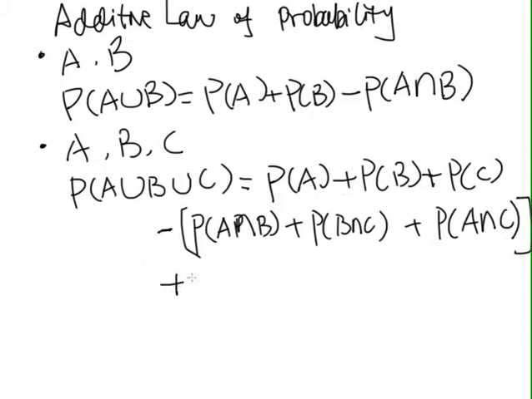Finally, you add the probabilities of any 3 events. In this case, there is only one of them, which is A intersection B intersection C. You see, here you have switching sign from plus to minus to plus.